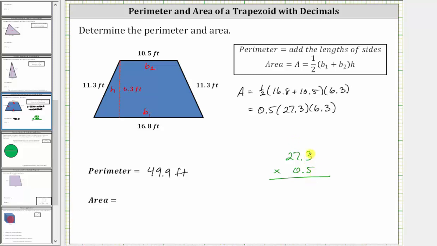And now multiplying, 5 times 3 is 15, record the 5, perform an exchange. 5 times 7 is 35, plus 1 is 36, record the 6, perform an exchange. And 5 times 2 is 10, plus 3 is 13. Again, the product must contain two decimal places, and therefore the product is 13.65. So we now have the area is equal to 13.65 times 6.3. Let's determine this last product to determine the area of the trapezoid.